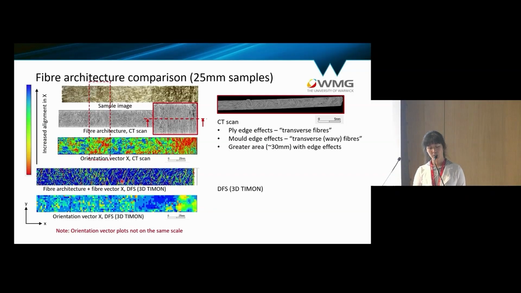And also, we noticed something interesting from the edge of the plaque, if you remember where the samples were cut from. In the actual experimental plaque from the CT scan, you can see the fibers become very wavy in the edge area. The reason for that is that compression molding of SMC is usually done at very high speed.